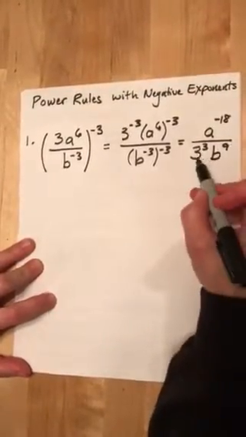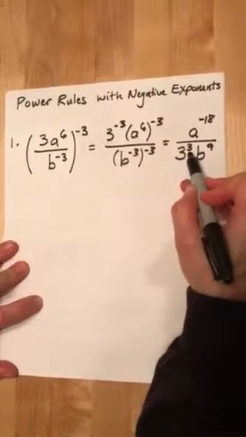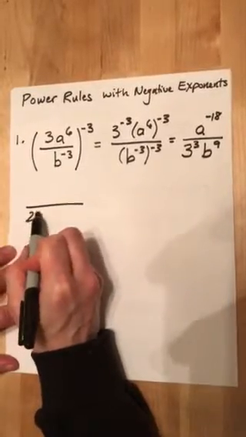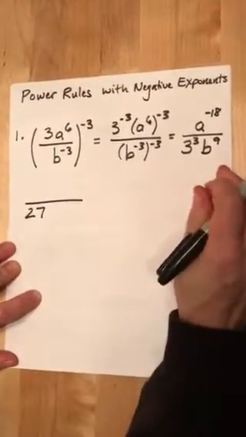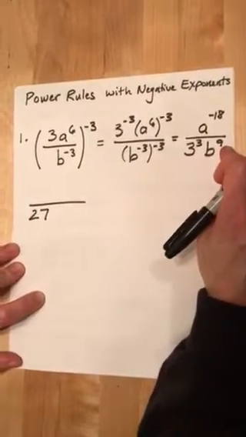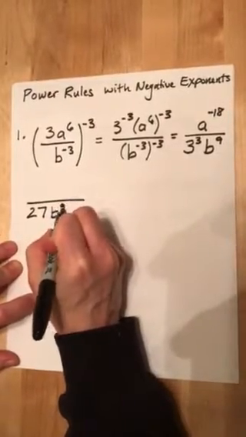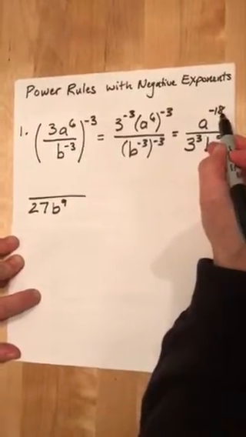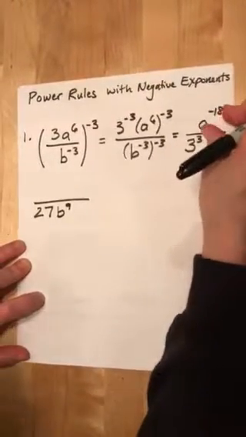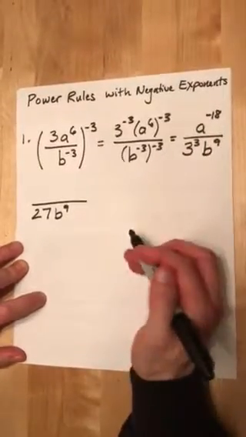First of all, 3 to the 3rd just means 3 times 3 times 3. So that would be 27. So now we have a 27 in our denominator. It looks like the b to the 9th can stay put where it is. But this a to the negative 18, that negative power means that we should be moving this expression to the denominator and changing that to a positive exponent.